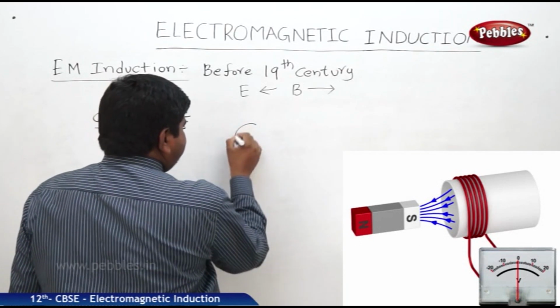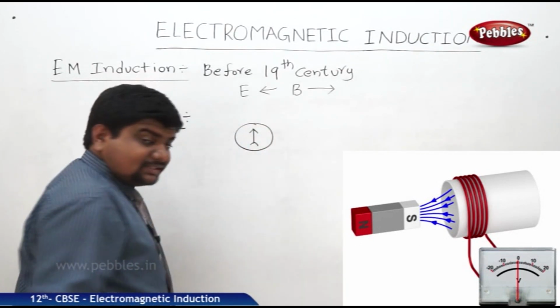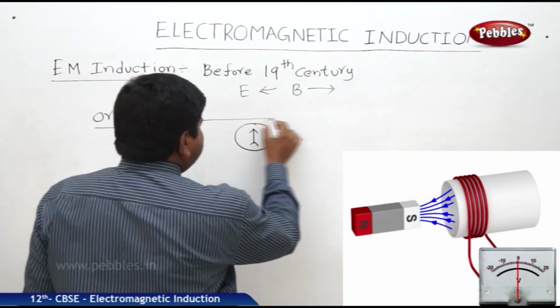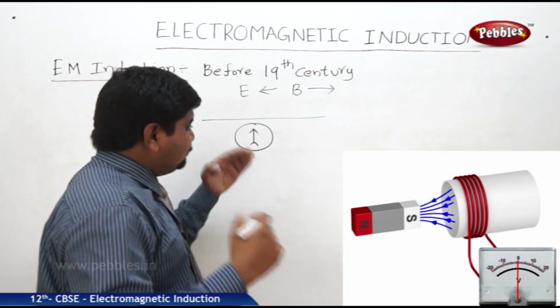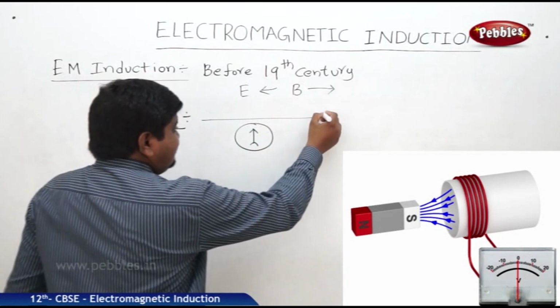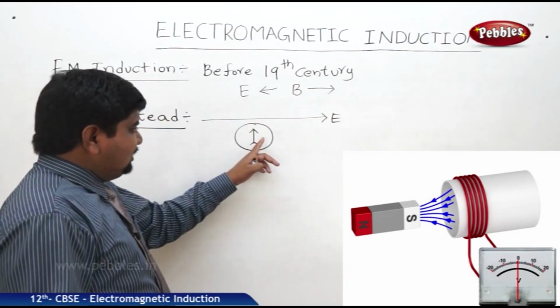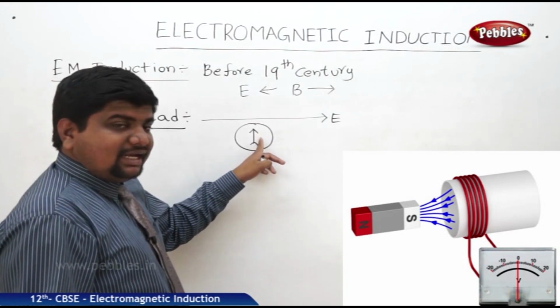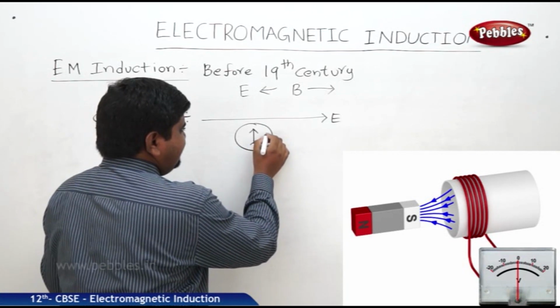He placed a magnetic compass needle near a current carrying wire, accidentally, unexpectedly, after doing some experiment. Whenever there was current in the conductor, he observed that the magnetic compass needle was vibrating or oscillating.